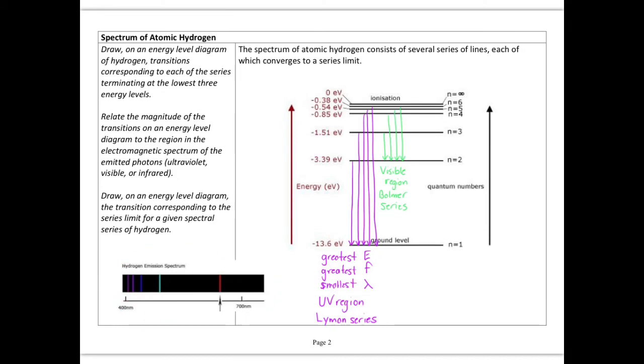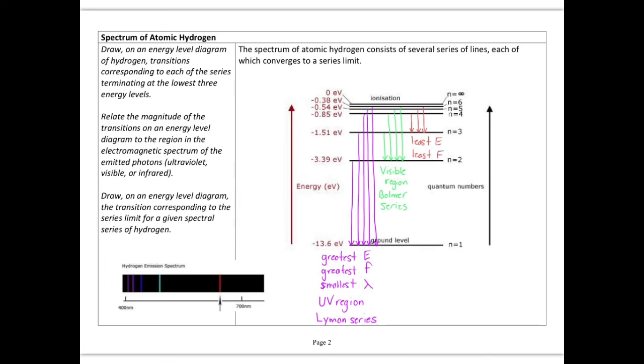And the final series that we need to know about for this course are the ones that end in the n equals 3 level, so the third level. They come down to here. So they will have the least energy, so therefore the least frequency.